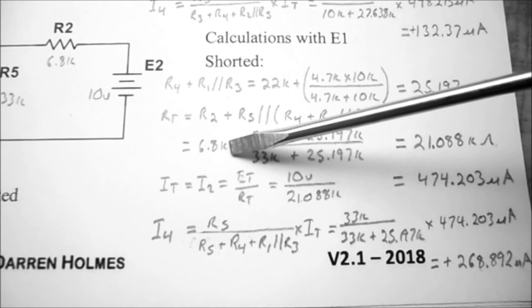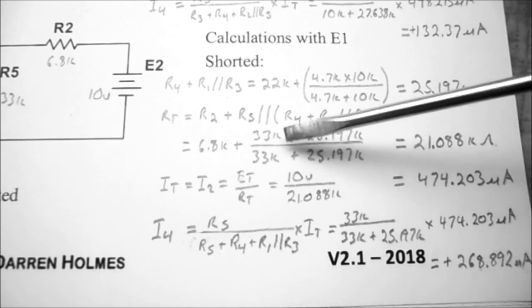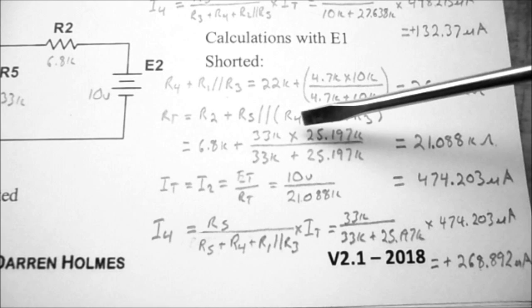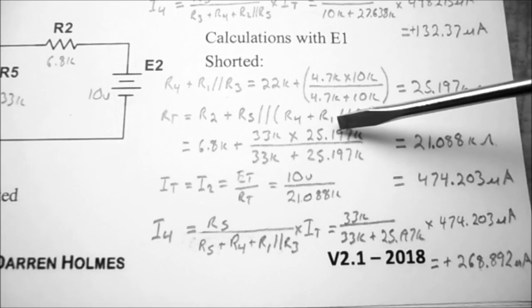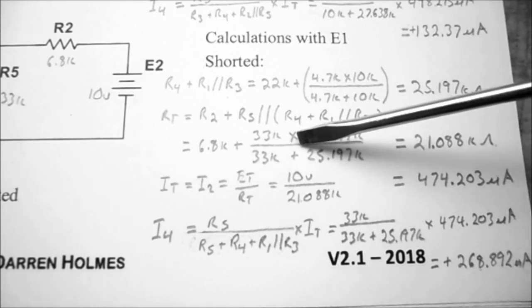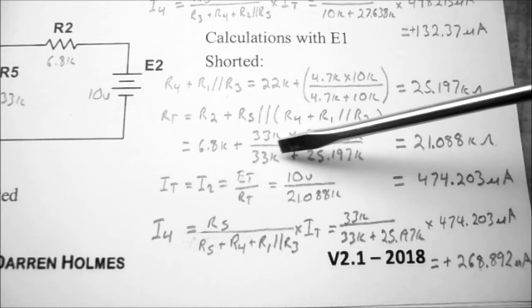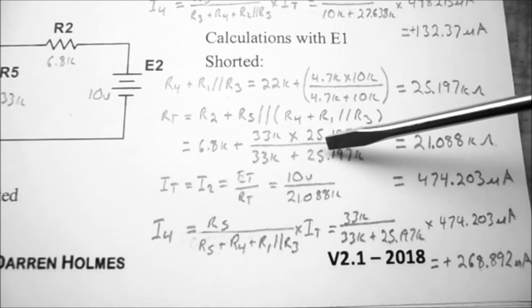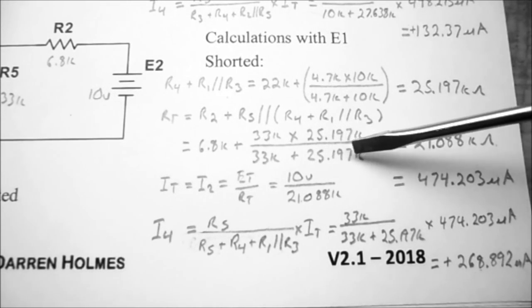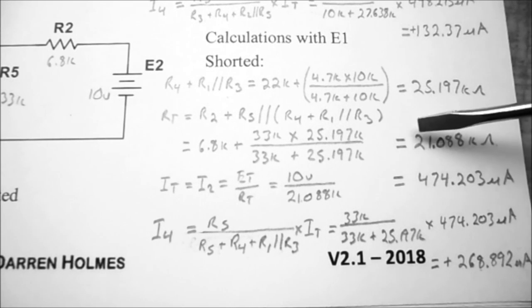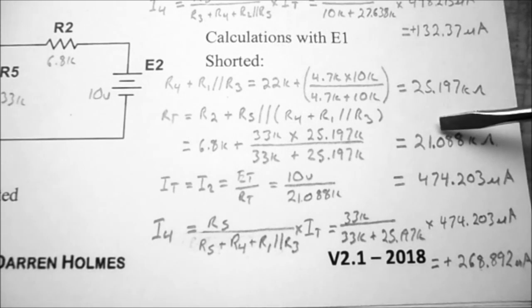So this works out to be 6.8K plus 33K times 25.197K divided by 33K plus 25.197K. So RT works out to be 21.088K ohms.